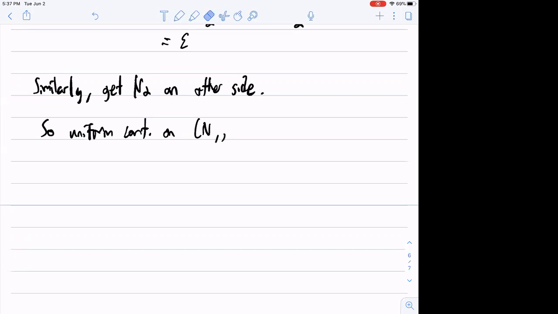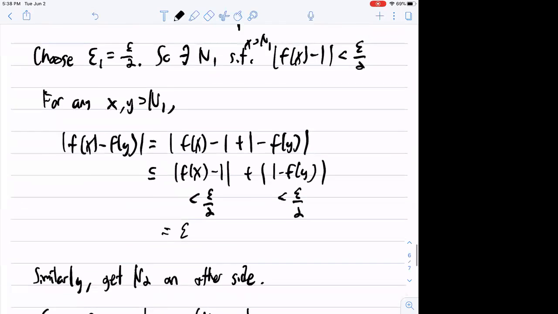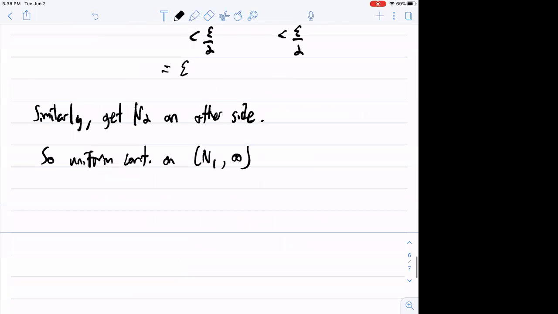That's the thing I proved right here. And for you to practice, you get uniform continuity from negative infinity to n2. And then by theorem, n2 to n1 is a closed interval.